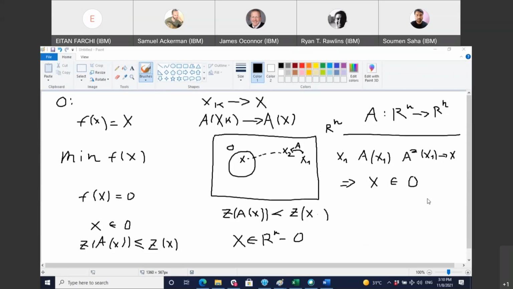Okay. So let's see why this is correct. It's actually nice and simple, but very useful as a general framework. So why is this correct?